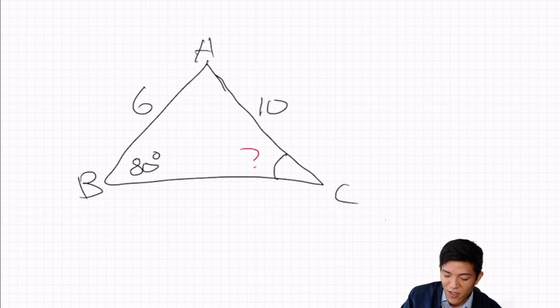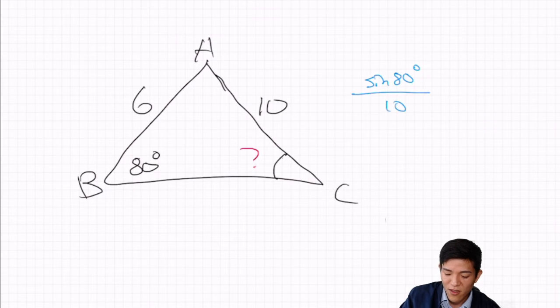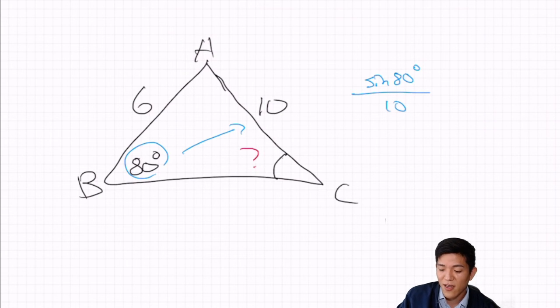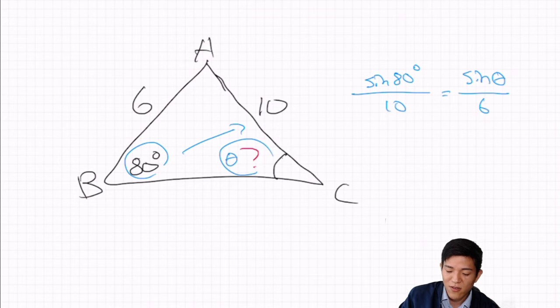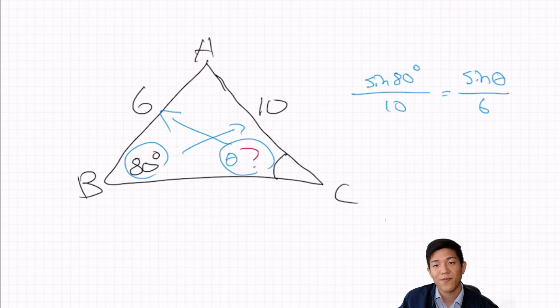Well, according to law of sine, we know that sine of 80 degrees over 10, this one and its opposite side, is equal to sine of, I'm going to call it theta, the sine of theta over 6, this angle and its opposite side. All right?